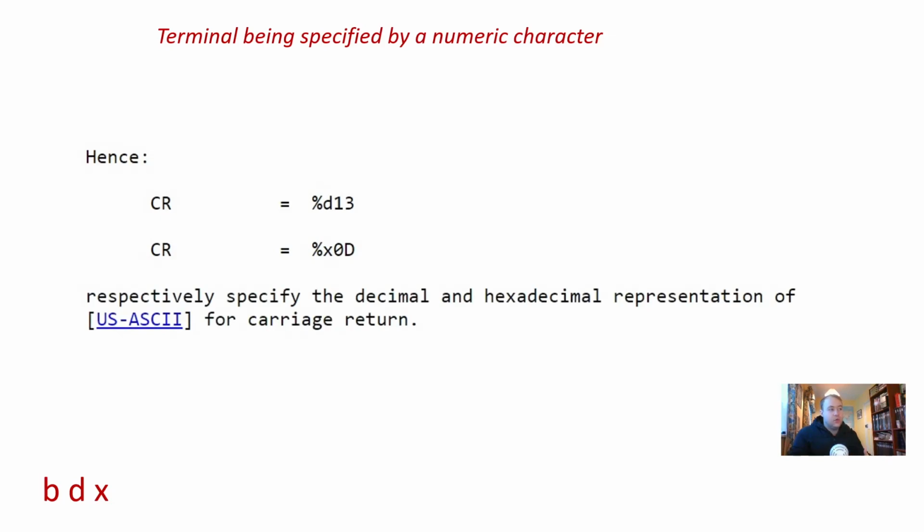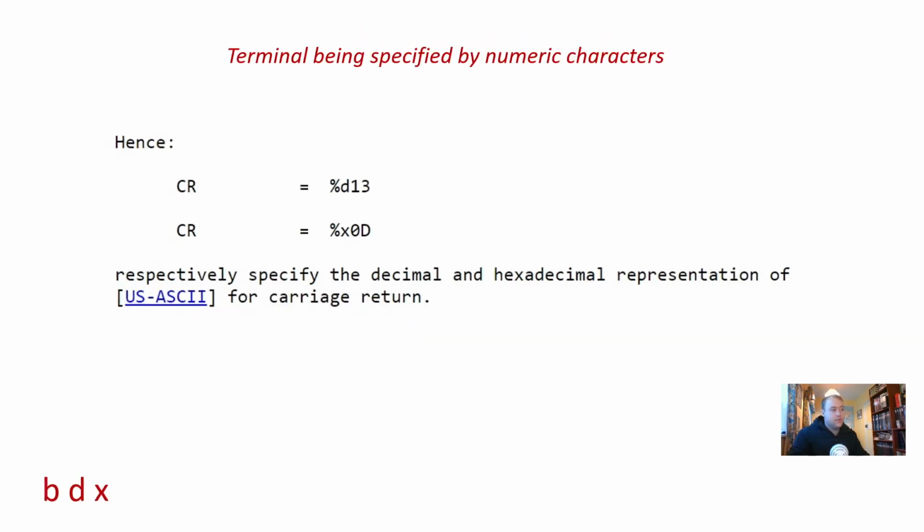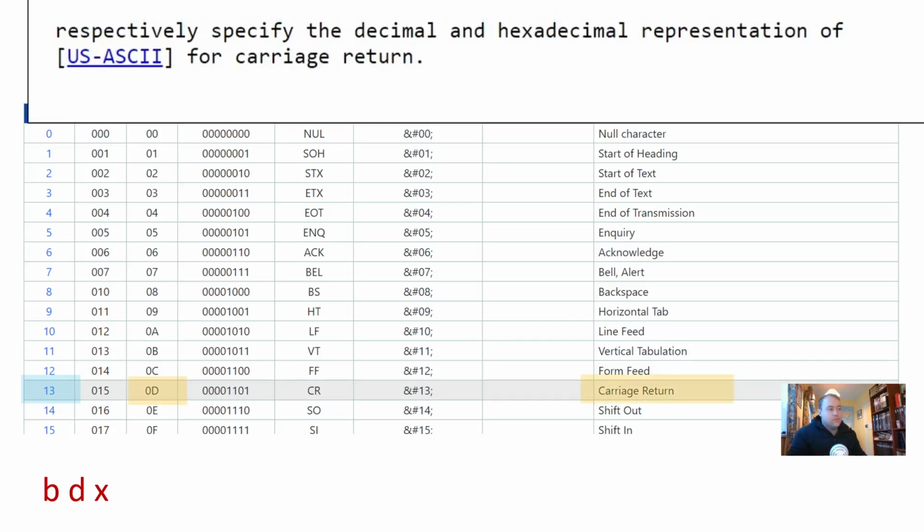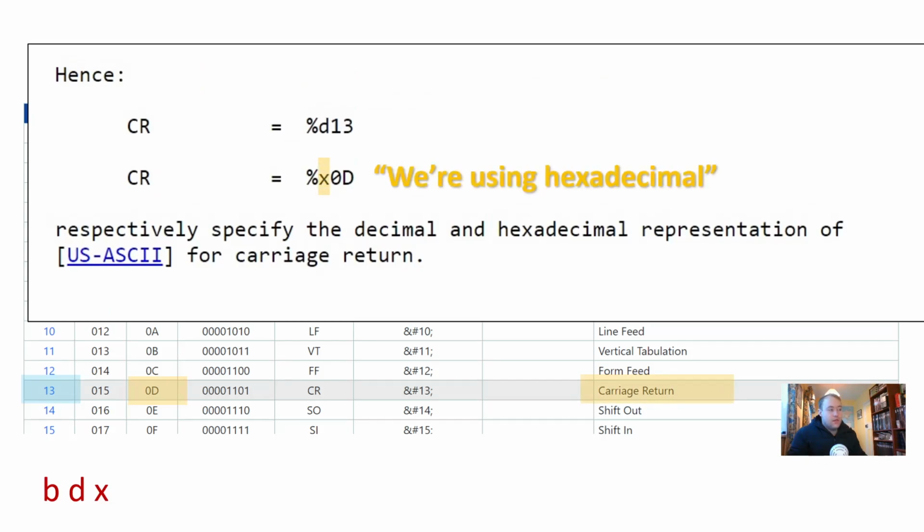So we've got a decimal representation of a carriage return on the first line and a hexadecimal representation of carriage return on the second line. There's the terminal, and we're specifying it on the right. It is also a rule name because it's on the left-hand side of the equals. So remember, 13 is the decimal value for a carriage return, and 0D is the hexadecimal. So that little x means we're using hexadecimal, and little d means we're using decimal.